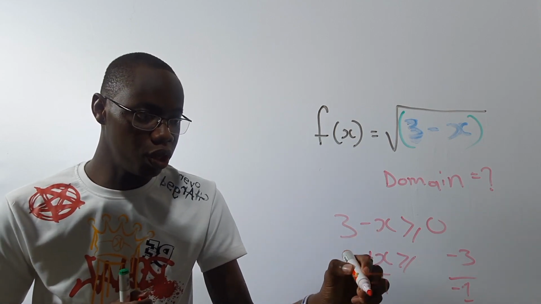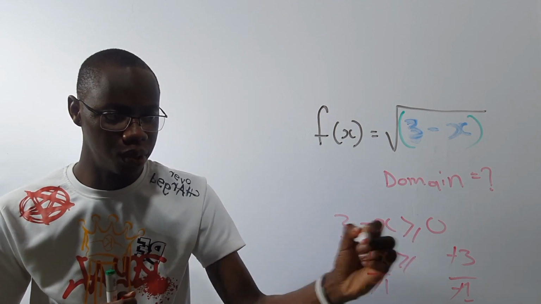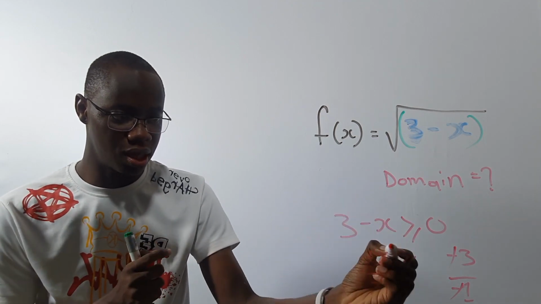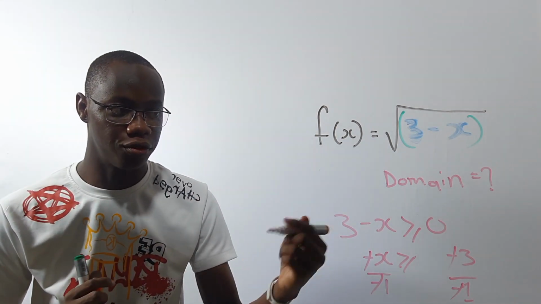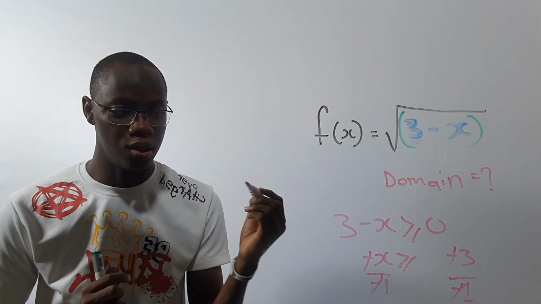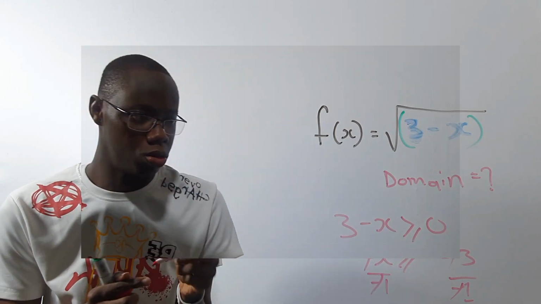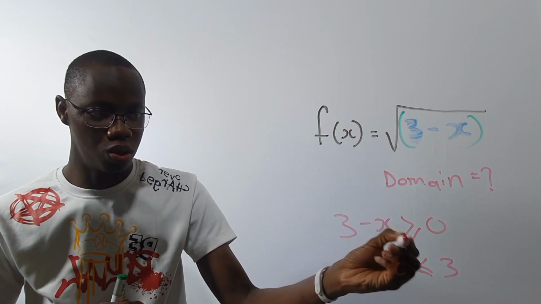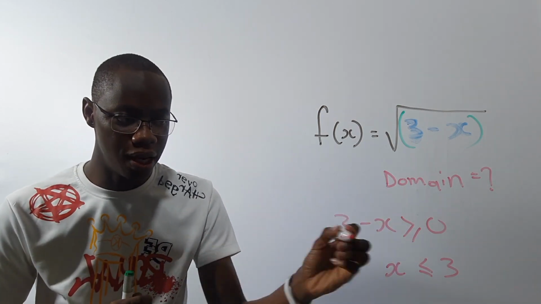When you divide both sides of an inequality by a negative, the sign flips to the opposite. That's the only difference; it's not like solving an equality. So x becomes less than or equal to 3.